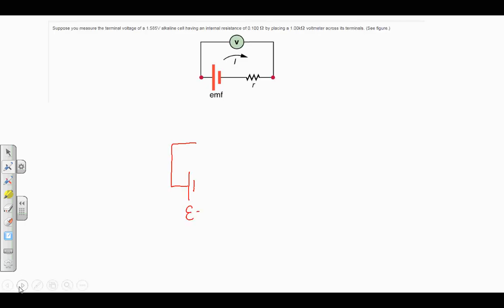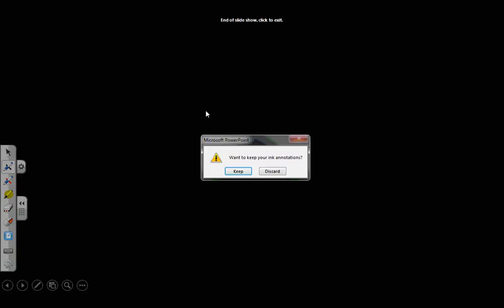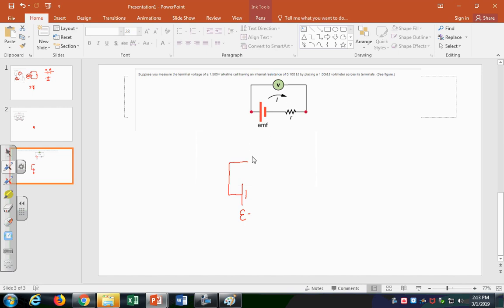I have my voltmeter reading 1.5. I'll try it this way.